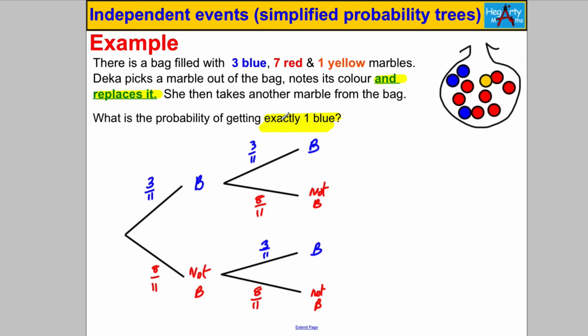So it says to us, what's the probability of getting exactly one blue? So exactly one blue, you must get a blue and not blue. So it's either probability of a blue and not blue, or it's getting not blue and then a blue.